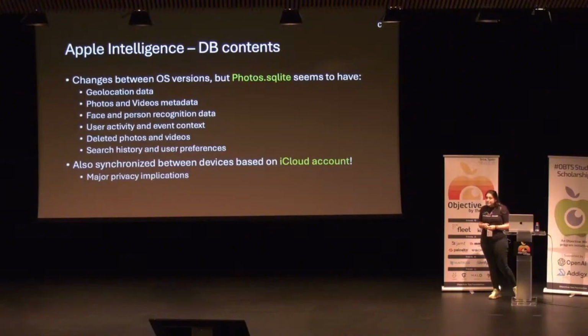And another thing to keep in mind, if you have multiple Apple devices logged into the same iCloud account, this means that your data is also being synced across all of those devices. So even if you have different things on different devices, it will all be synced.